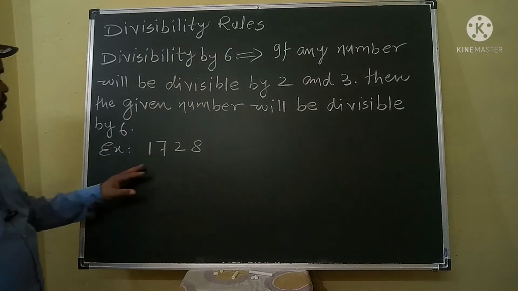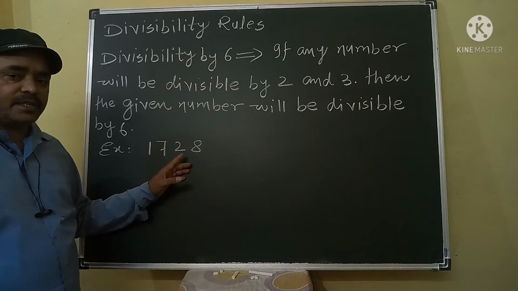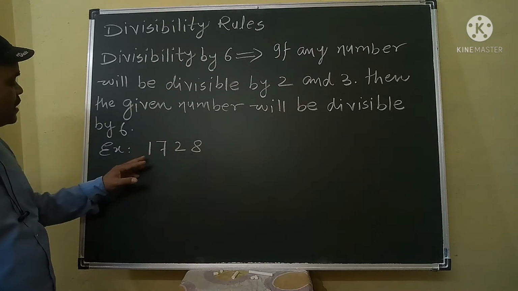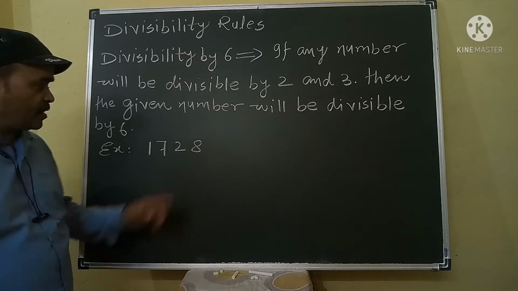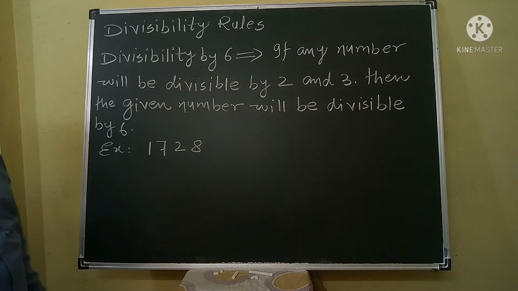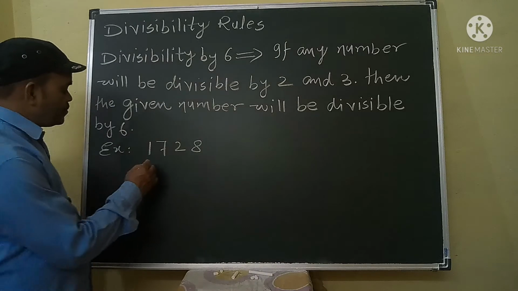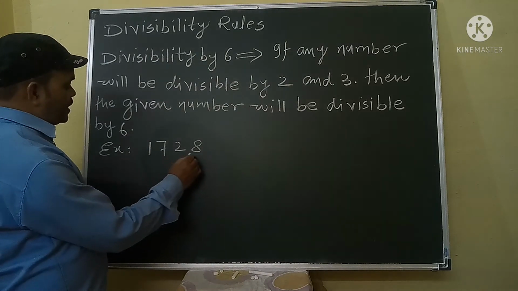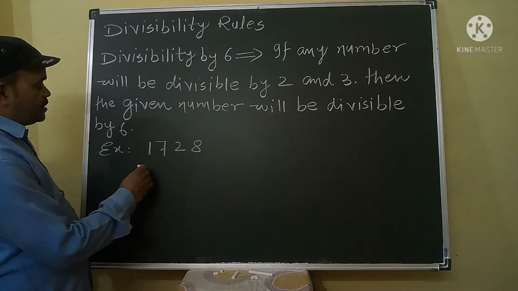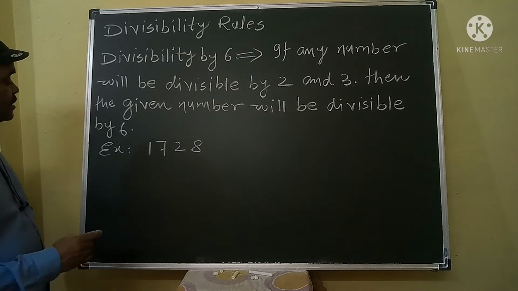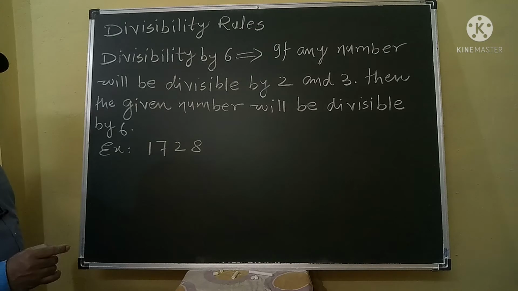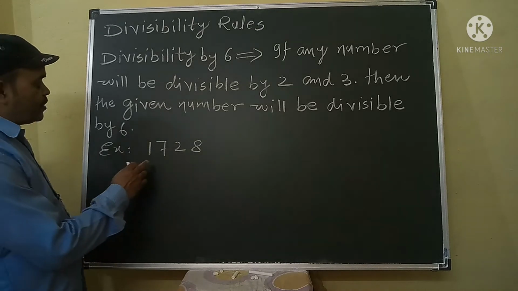If unit digit of any number is 0, 2, 4, 6, 8, then the given number will be divisible by 2.